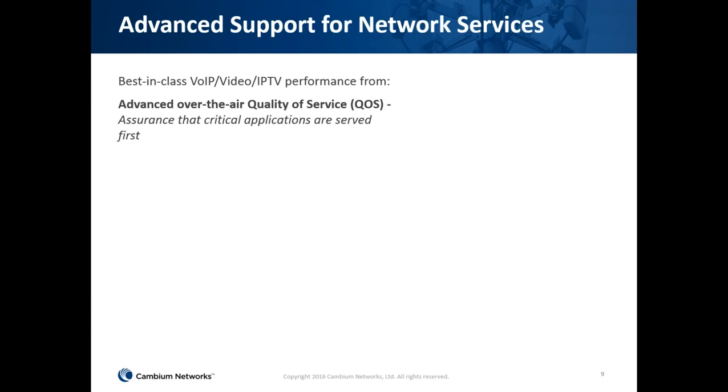But how we specifically address these applications in ePMP technology is we have over-the-air QoS, and we have 3 distinct queues, one of which is purpose-built for voice over IP traffic. So we deliver very jitter-free voice over IP traffic, which over wireless connections, even cellular connections, is still a challenge.